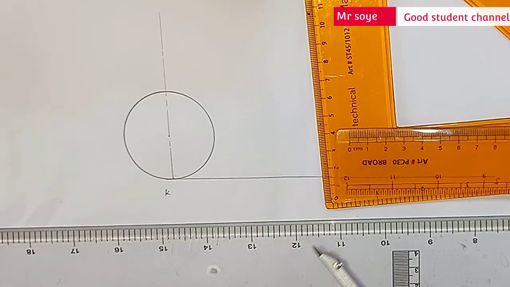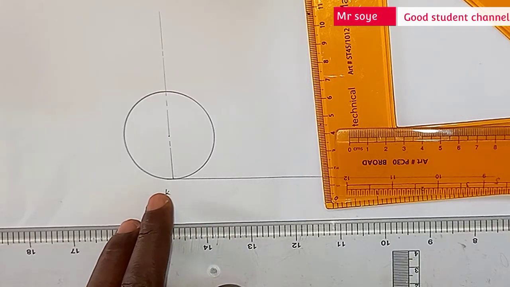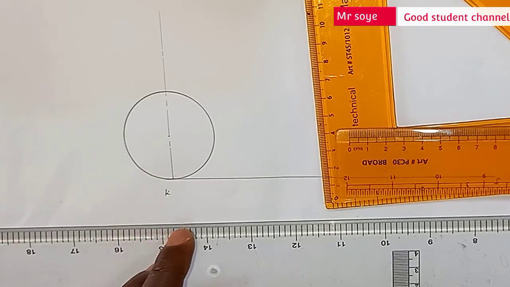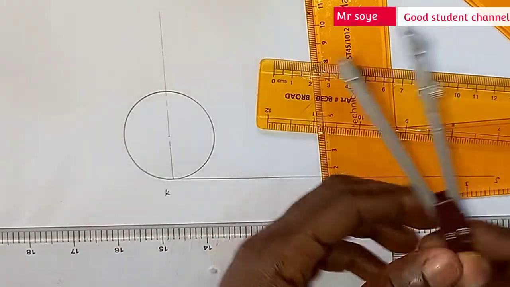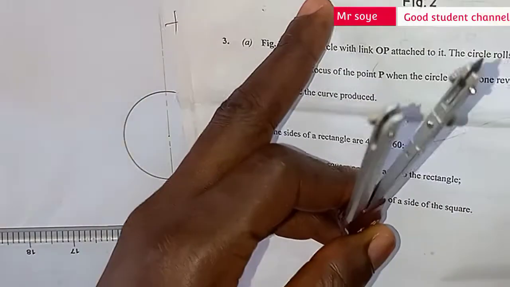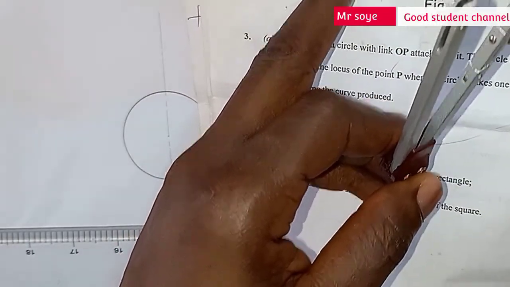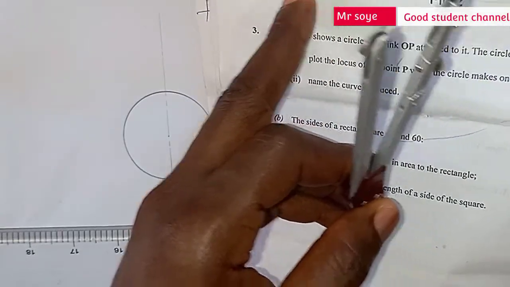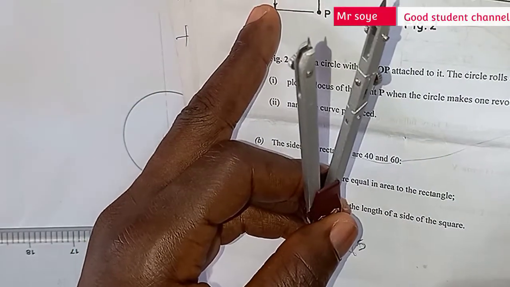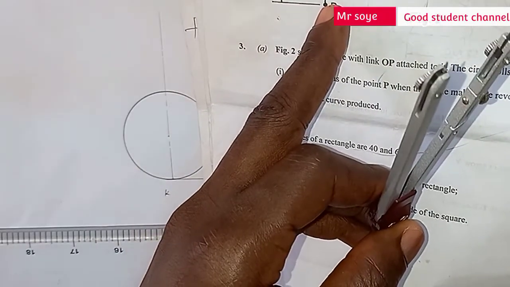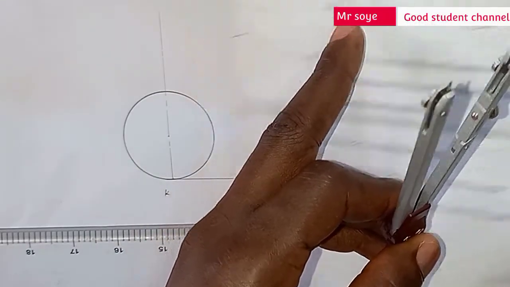Then the second cycle. We draw the second cycle that generates the locus of the point P, which is 35 radius. We measure our 35 radius from the question. As we can see, the radius from the center of the rolling cycle to this generating cycle is 35. So we draw another cycle with 35 radius and locate the point P on it.